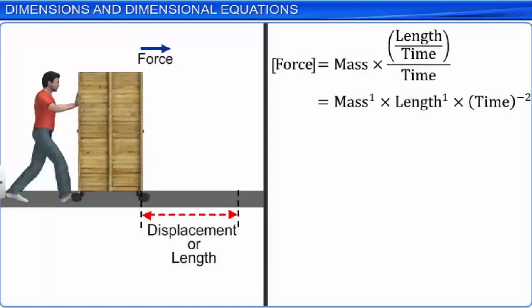The physical quantity expressed in terms of its base quantities is enclosed in square brackets to show that it is an equation among the dimensions of the quantity and not among the magnitudes. Thus we can write the expression for force as [F] = MLT^-2 as shown.